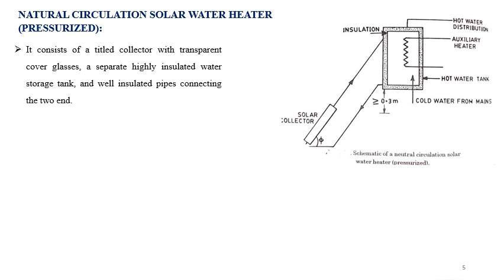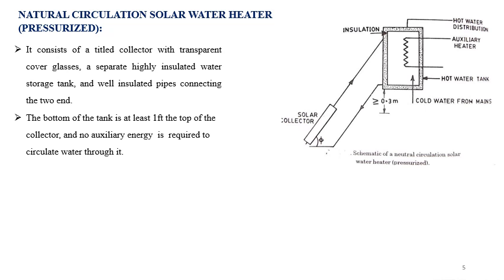Okay, so the bottom of the tank is at least 1 foot, that means 0.3 meter, above the top of the collector, and no auxiliary energy is required to circulate water through it.